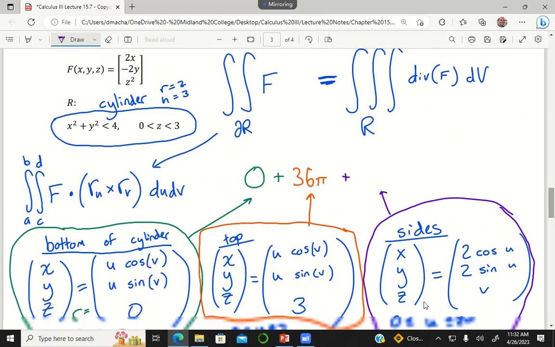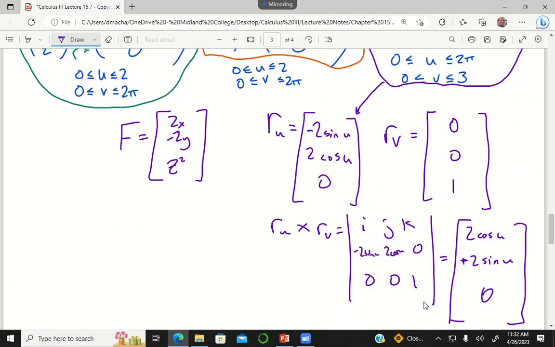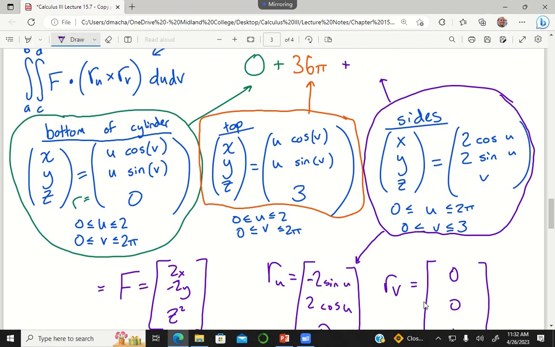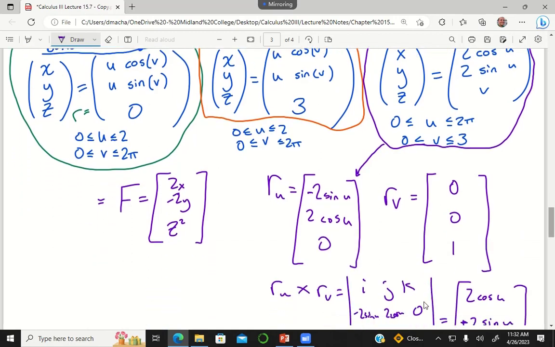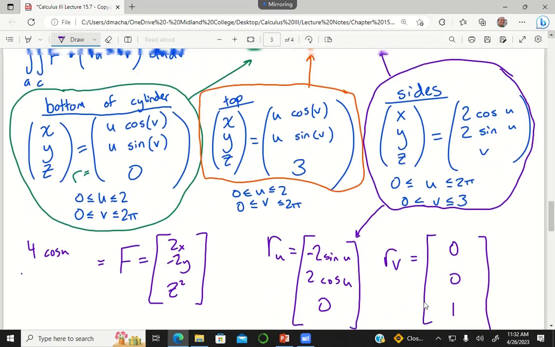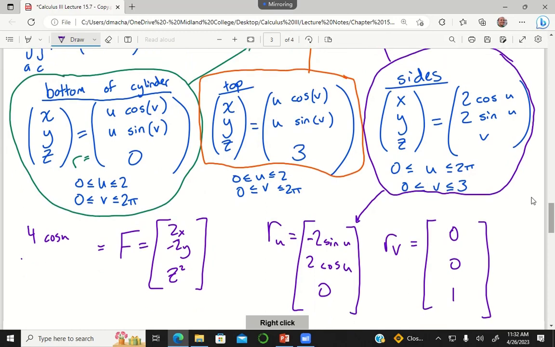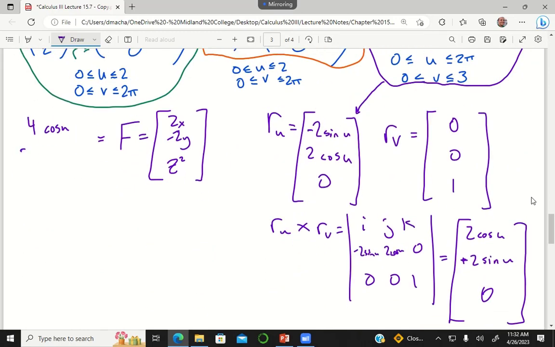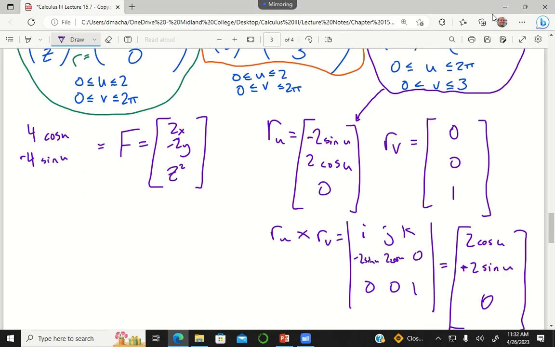Yeah, good. 2 times x for us, looking at these sides, is going to be 4 cosine u. Negative 2y is going to be negative 4 sine u. And then z squared is going to be v squared.